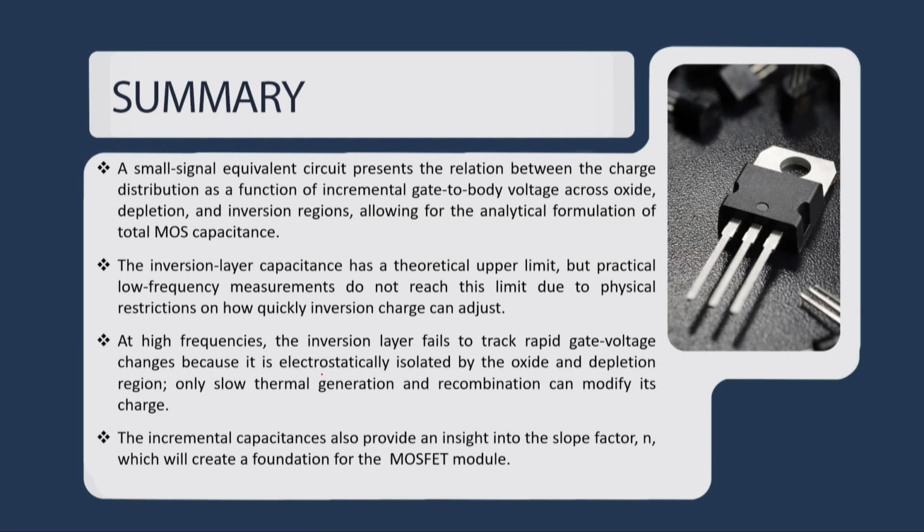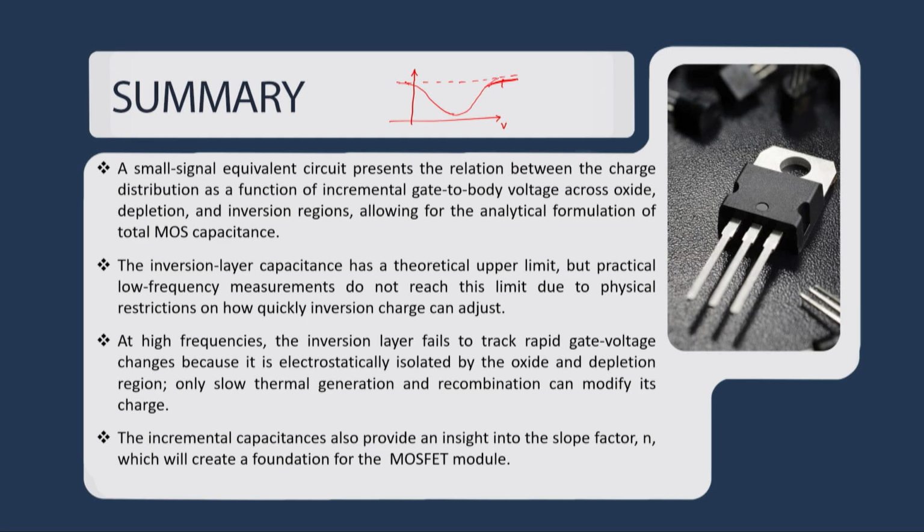So, let me summarize this. In this lecture we have discussed the small signal equivalent capacitance of the two terminal MOS structure. We said that in various regions of operation our CV characteristic looks like this. It approaches the Cox value in inversion, but does not become exactly equal to Cox.